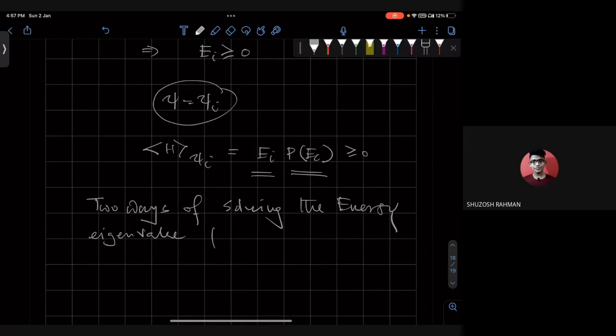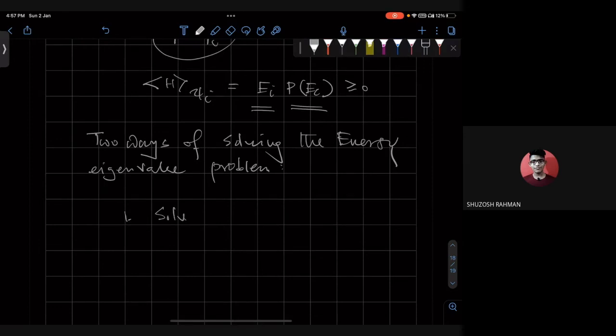One is to solve the ODE using the series method.